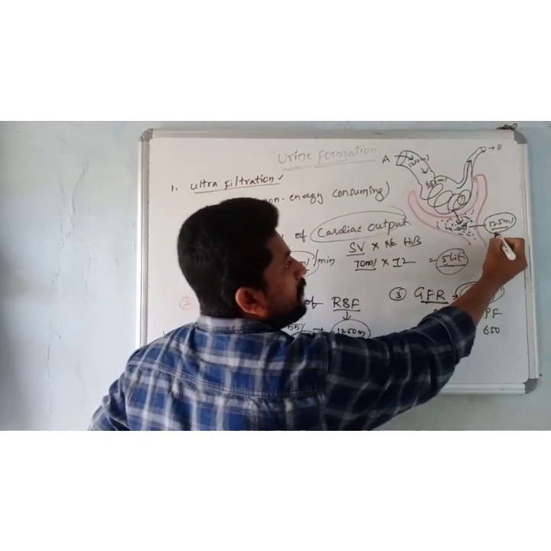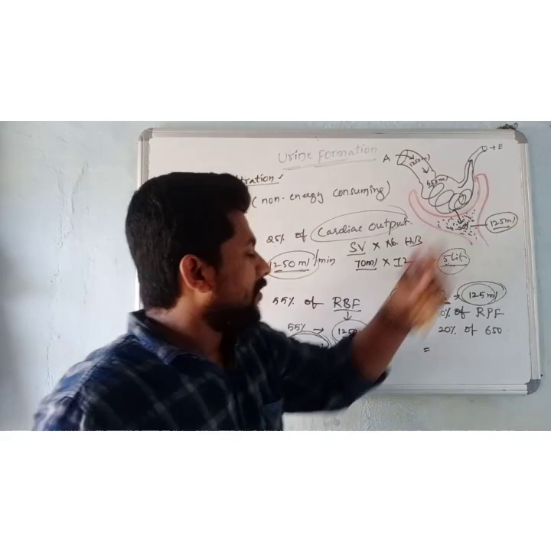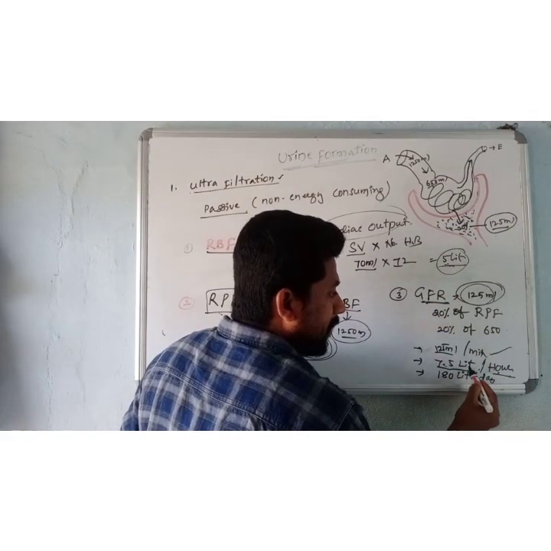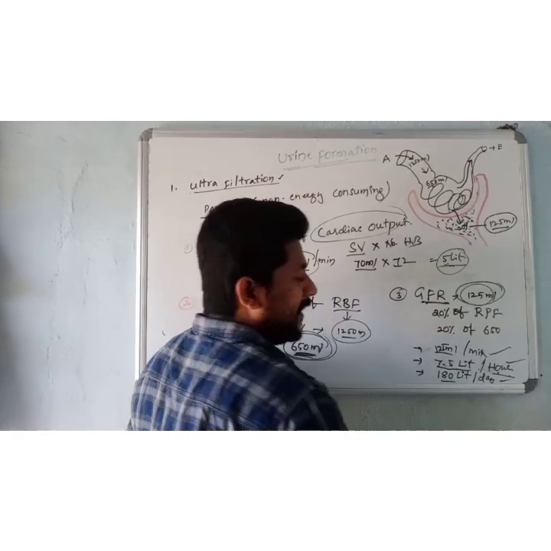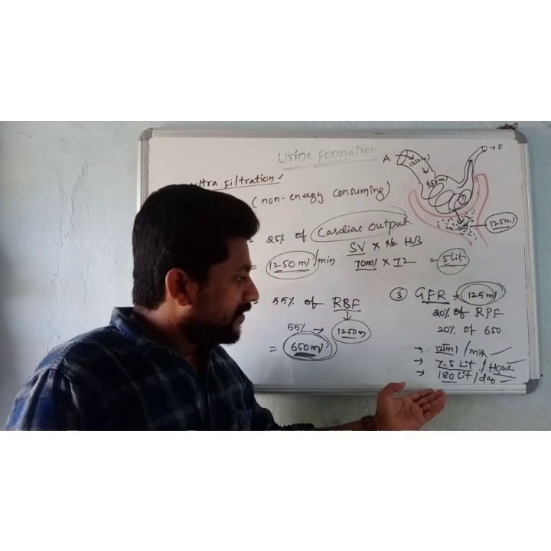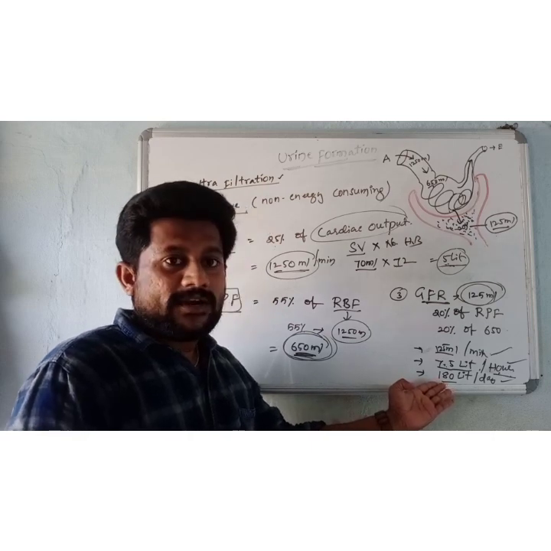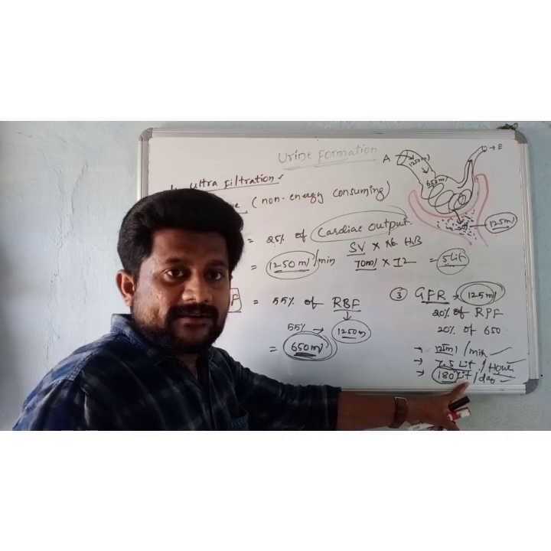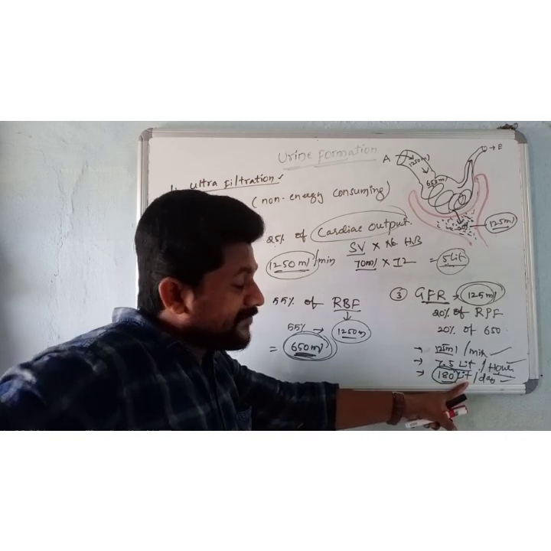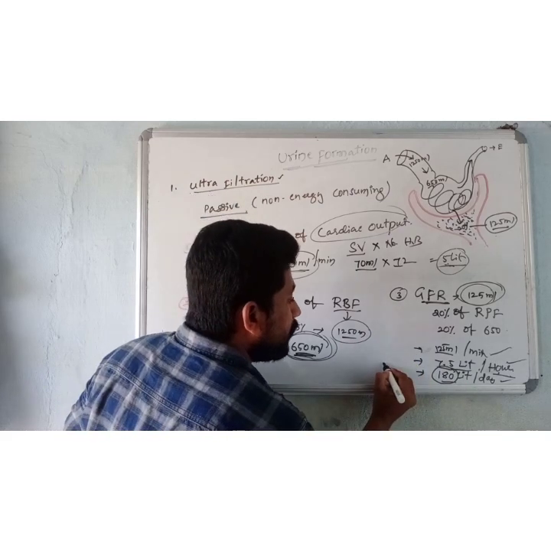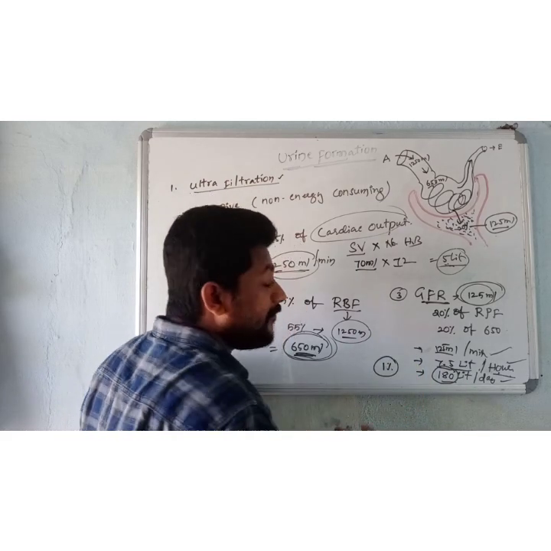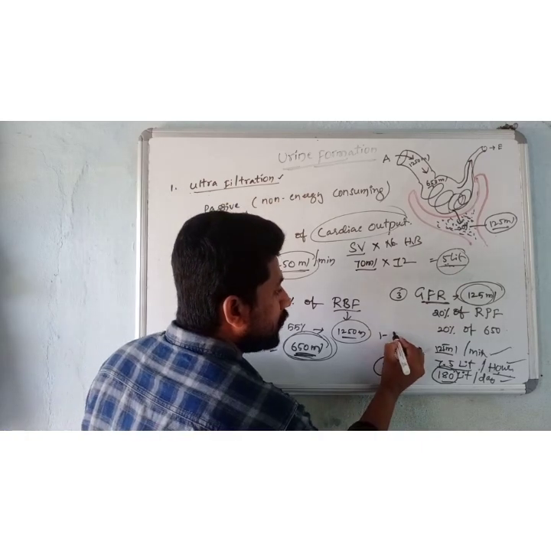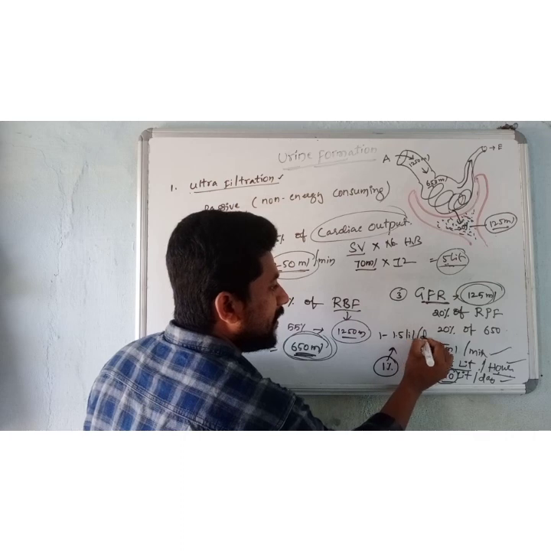Okay, so if we calculate, 125 milliliters per minute is 7.5 liters per hour and 180 liters per day. Do we excrete this huge amount of urine? No. 180 liters are produced in our kidneys in a day, but we excrete only 1% of it, which means 1 to 1.5 liters a day.